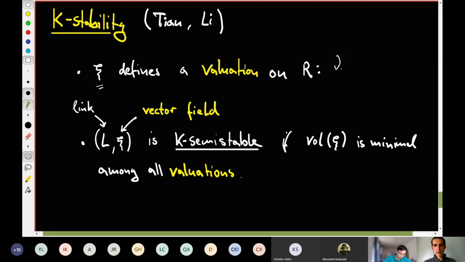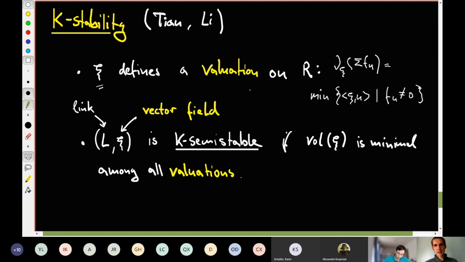For an element of our ring, which is a sum of homogeneous components, we define the valuation of psi as follows. We just take the minimum of all the pairings of psi with weights appearing in this sum, where we want the element to be not equal to 0. And it turns out this indeed defines a valuation on our ring.